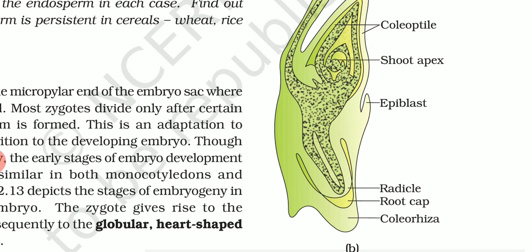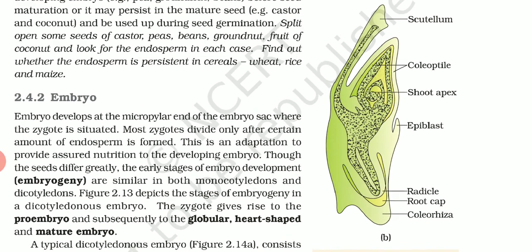So in the case of the monocot embryo, what you have to remember is that it has a single cotyledon, present towards one side, and it is called the scutellum, right? The radicle is covered by an undifferentiated sheath called the coleorhiza, and the plumule is covered by another sheath covering the leaf primordia, and that is called the coleoptile.